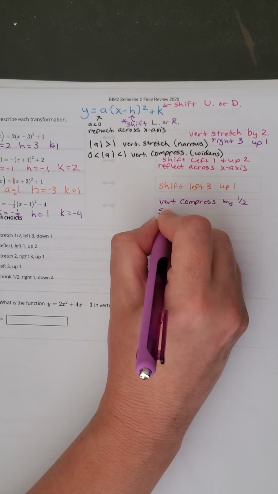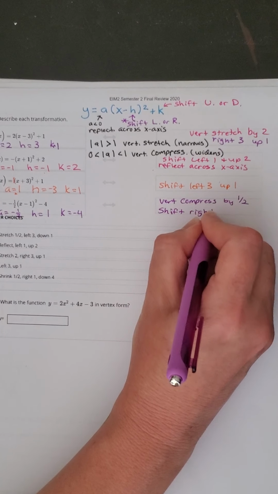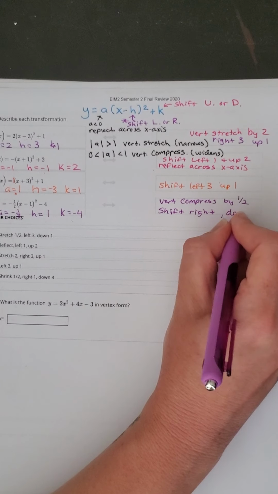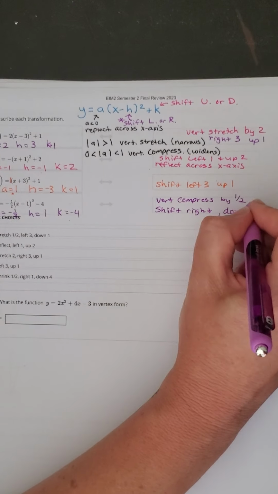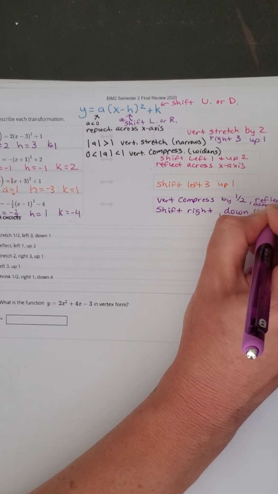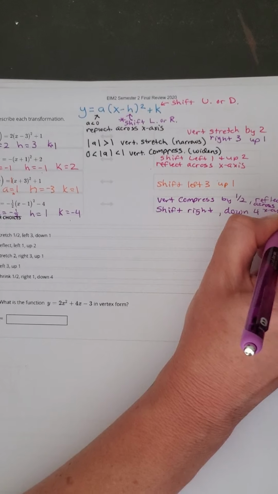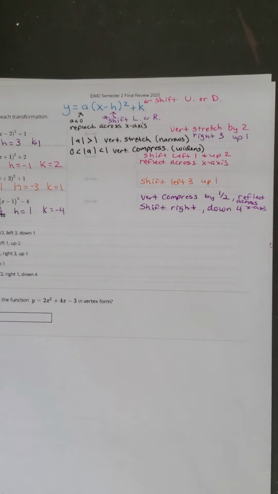And then shift, this would be right 1, down 4. And I forgot to put in, since A is negative, we're going to reflect across the x-axis. So I had forgotten to put that in. I apologize.